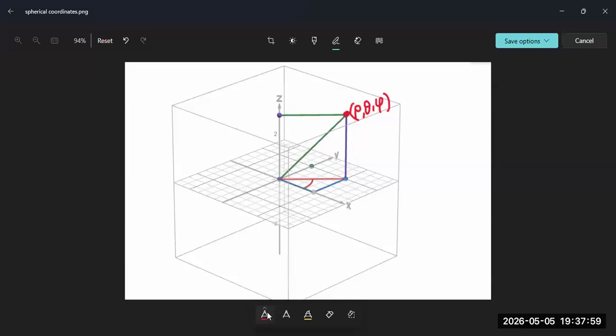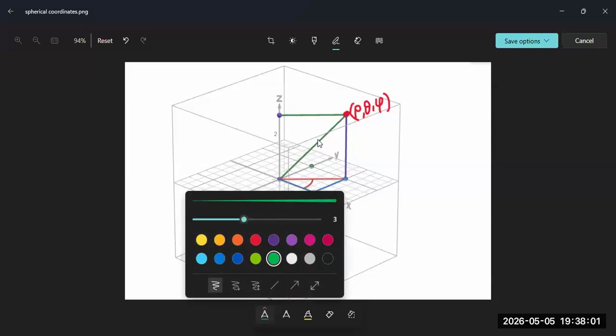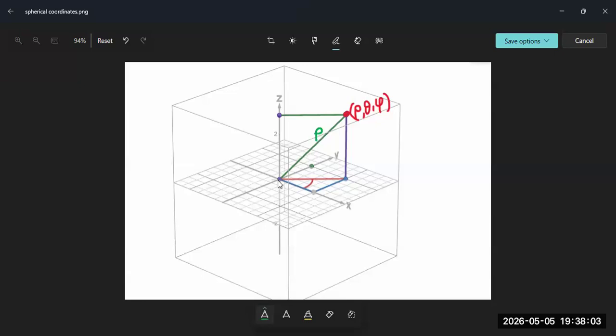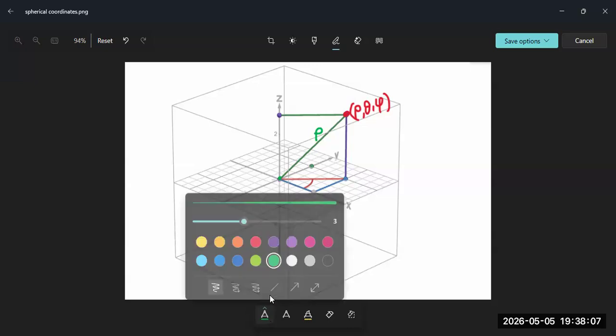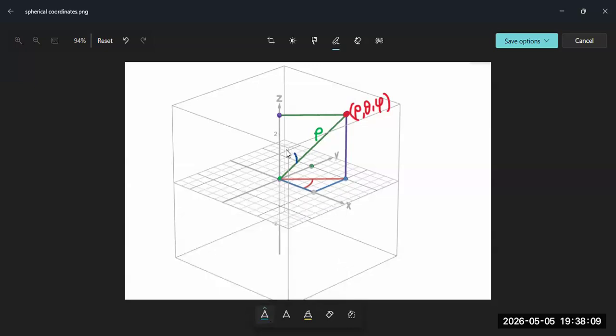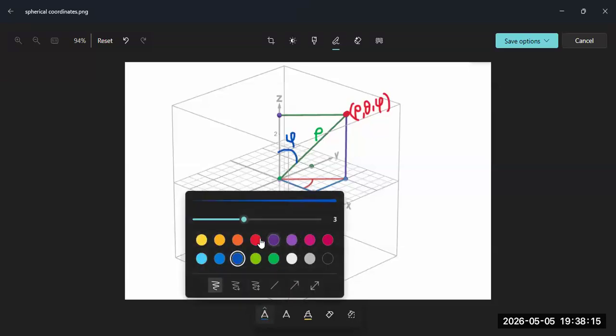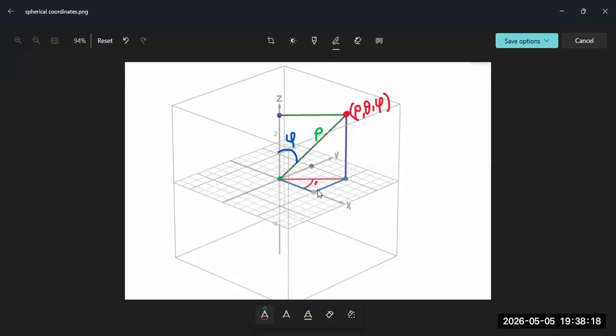So that rho quantity means this length from the origin to that point, and phi quantity is this angle between the positive z axis to that point, and theta is obviously this angle, just the angle with the positive x axis.